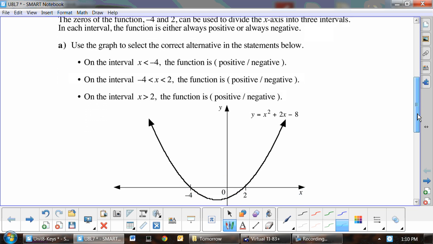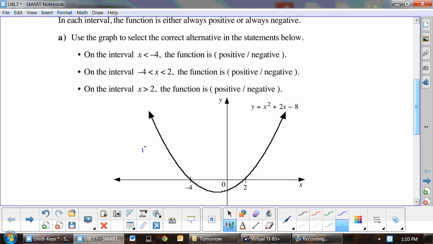Our x-intercepts divide our graph into 3 intervals. One where x is less than -4, one where x is greater than -4 and less than 2, and one where x is greater than 2.